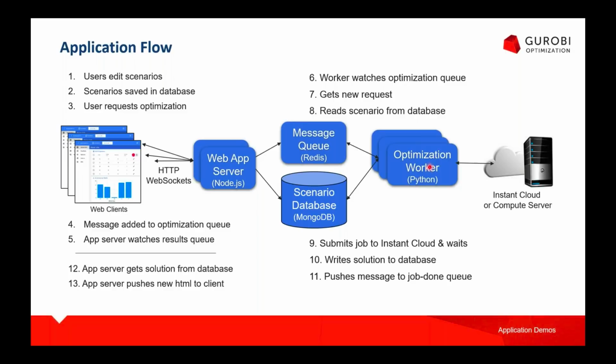So now an optimization worker has a request and some identifying information in that request. It'll use that information to go get the scenario from the database, load it up, and it's already got a model contained in the worker. So really, I think of an optimization worker as a model with some plumbing around it that we'll talk about in a minute, but really it's just a model.